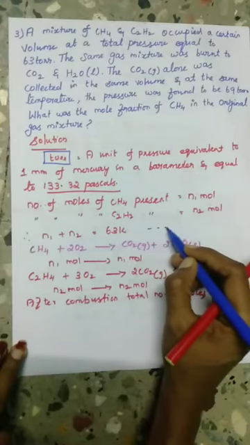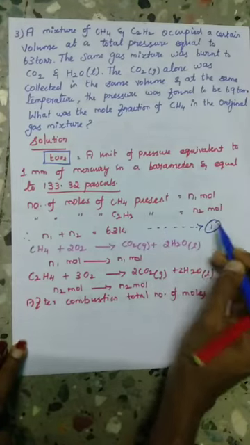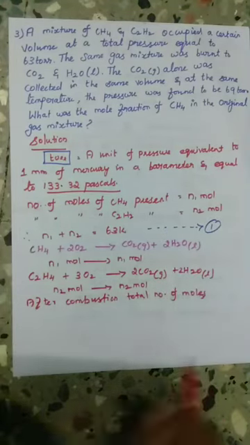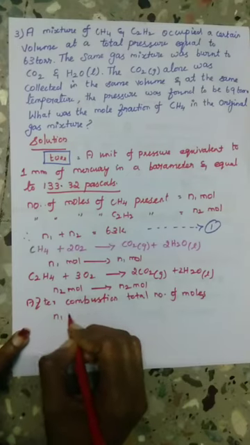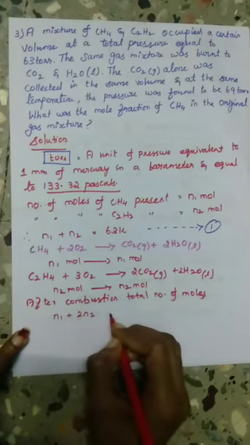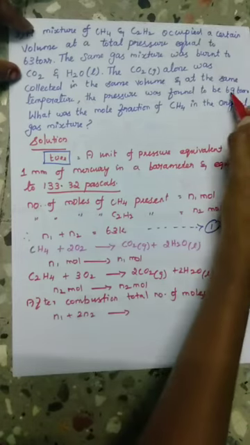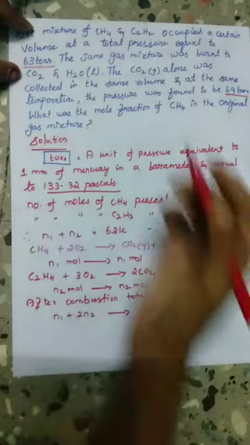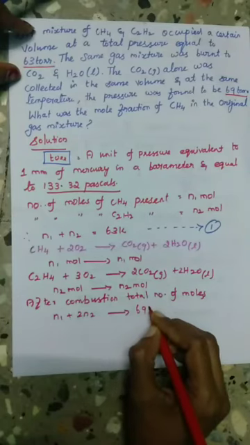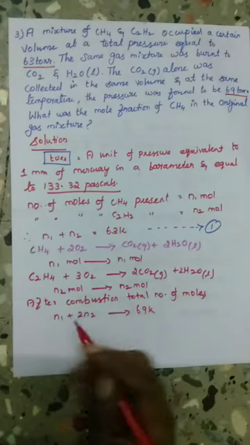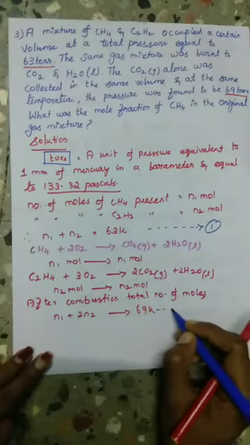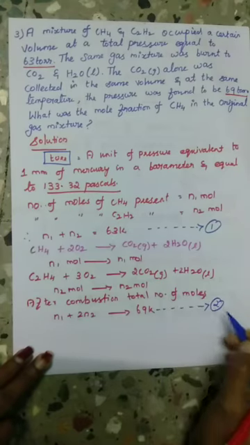The second equation is N1 plus 2N2 gives 69 K. This is the second equation, okay, student.